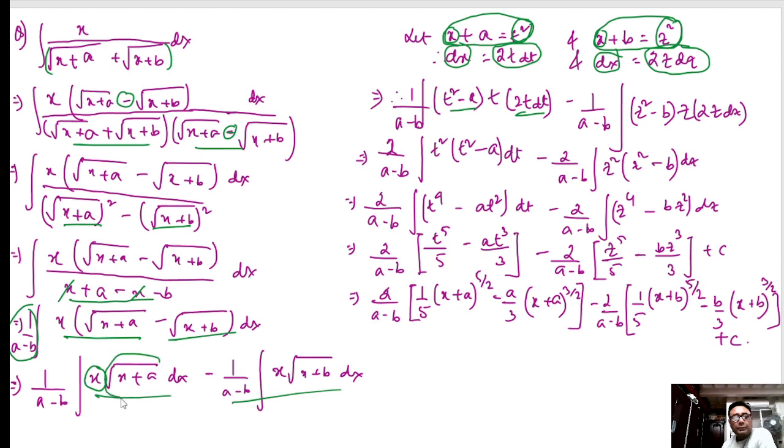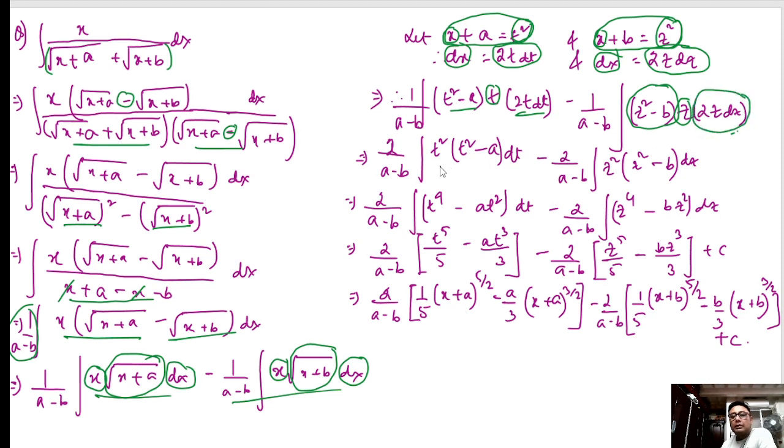This root x plus a becomes t, and dx becomes 2t dt. Similarly, this x becomes z square minus b, root x plus b becomes z, and dx becomes 2z dz.